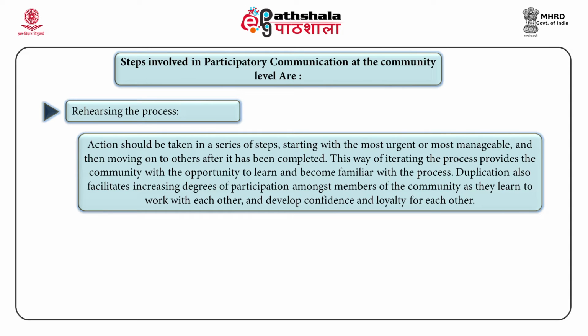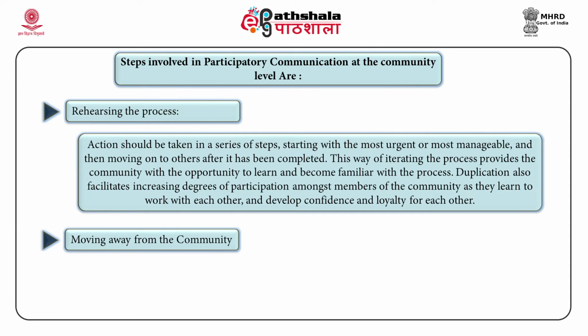Duplication also facilitates increasing degrees of participation amongst members of the community as they learn to work with each other and develop confidence and loyalty for each other. The more they work with each other, the better the rapport they have amongst themselves and better trust and confidence is developed. A good team spirit is developed, cooperation is developed among the team members, and this is how they proceed further.